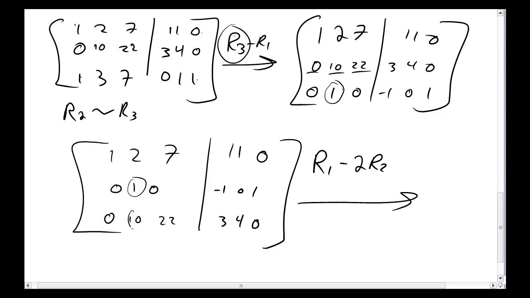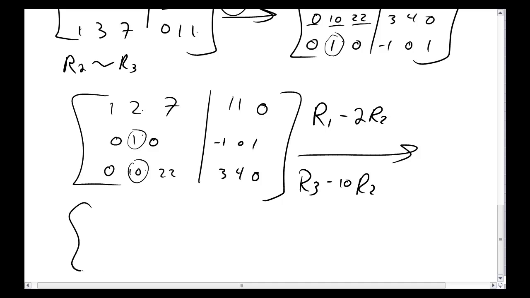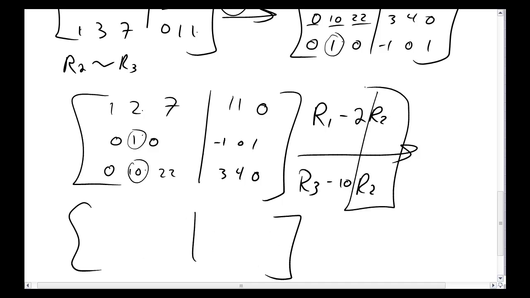And how does row 3 need to change? Well, row 3 needs to get row 2 subtracted from it 10 times. That's because 2 minus 2 times 1 will give me 0, and 10 minus 10 times 1 will give me 0. Both these times, row 2 is not changing, so I'm going to copy row 2 out just as it was.